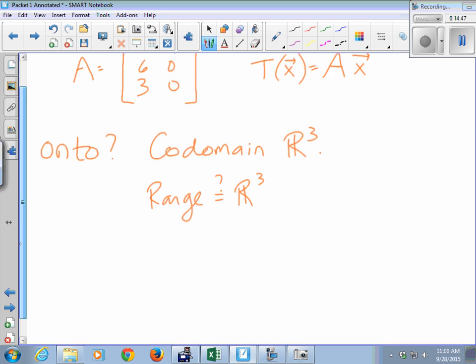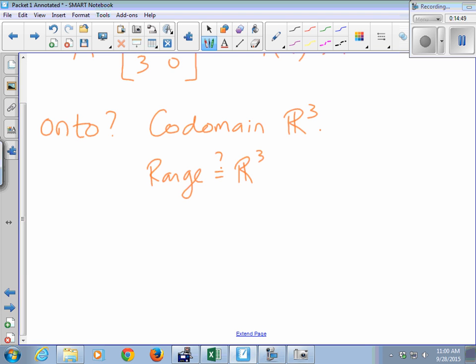Okay, so if you pick one, like whatever it is, B1, B2, B3, you can pick any vector in R3. I want to know, can I multiply A times some vector X and get it? You do get a vector in R3.